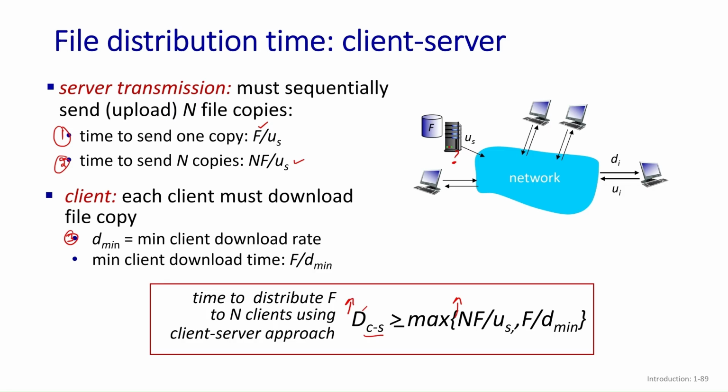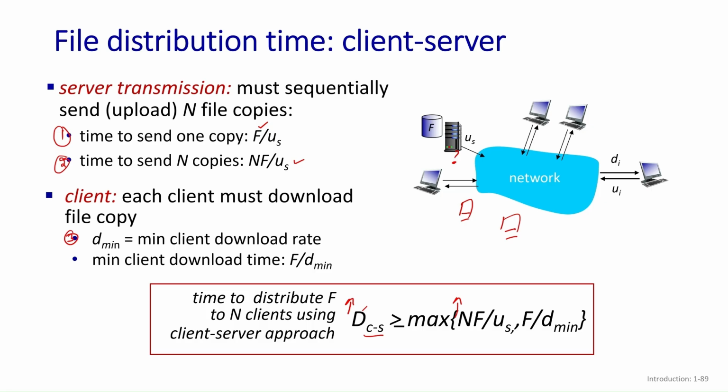Yes, sir. So if I want to keep the time the same, then what I need to do? In order to make it scalable, I need to add more servers. If the clients are increasing, I need more servers in the network so that the distribution time remains the same.